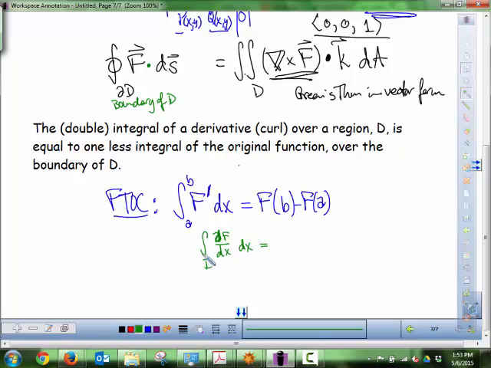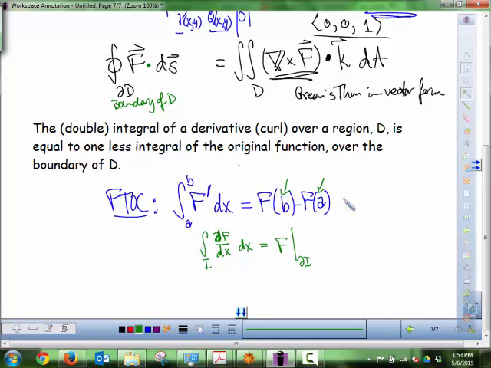So the integral of a derivative is equal to one less integral. There's only one integral, so one less integral means the integral is gone, of the original function evaluated at the boundary of the interval, evaluated from a to b.